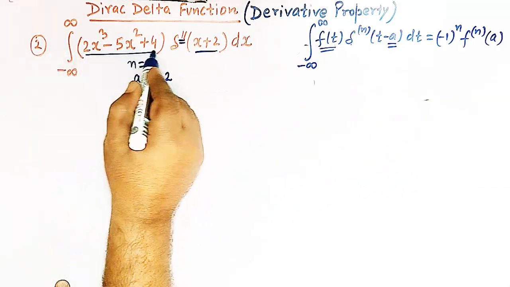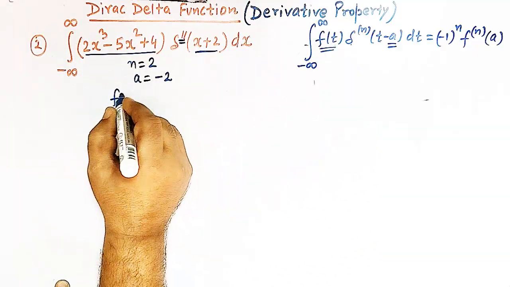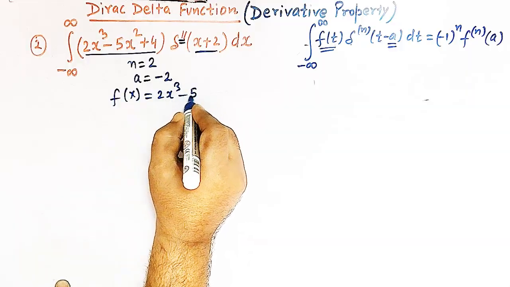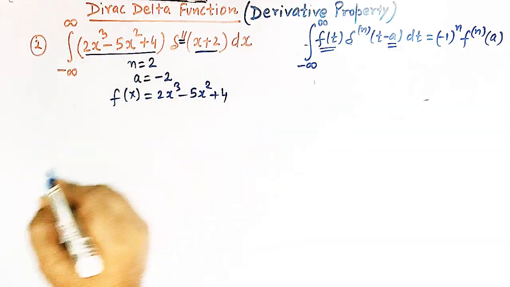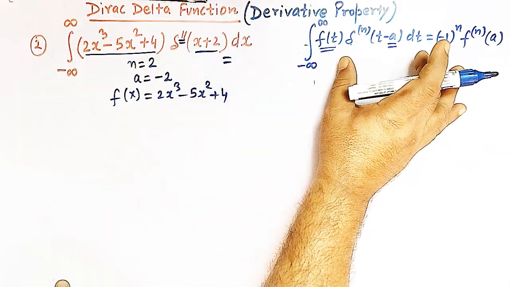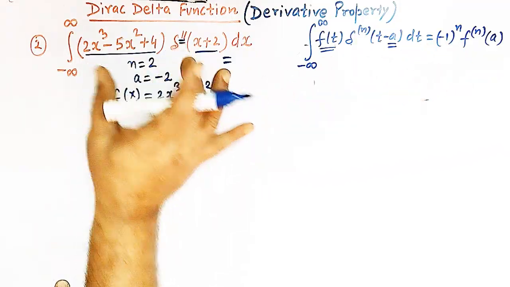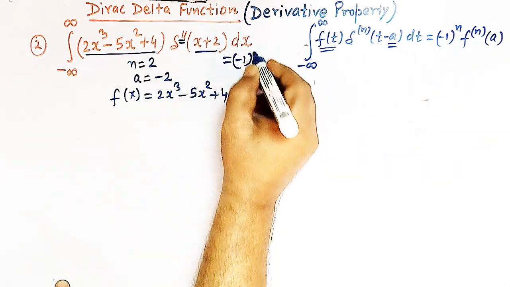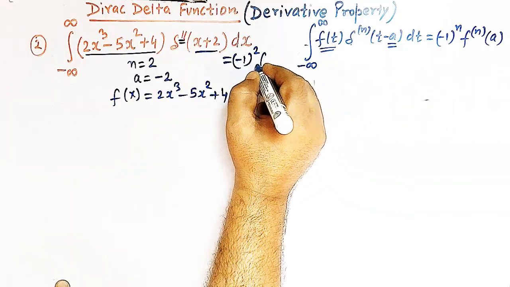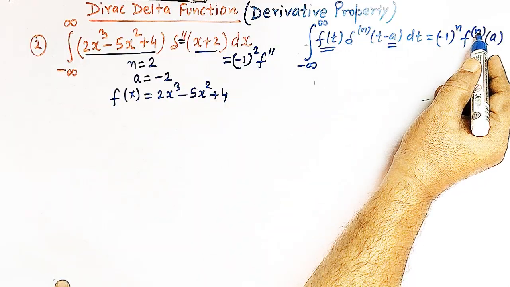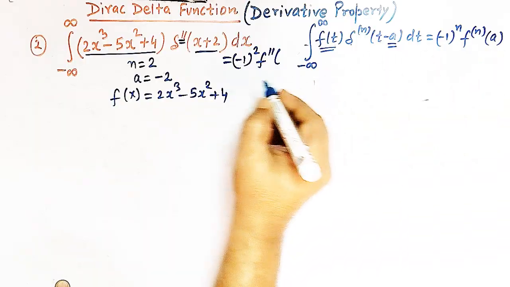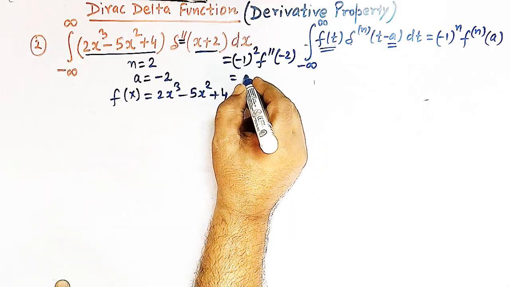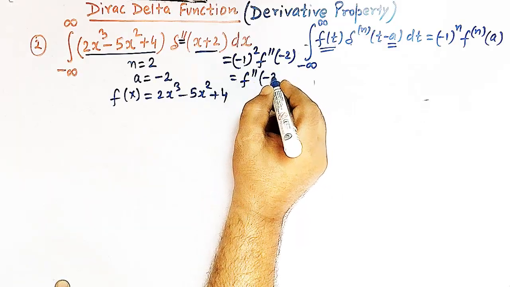Our function, that is f of t, in this case is f of x, so we have 2x cube minus 5x square plus 4. Now according to this property, the value of this integral should be given by minus 1 raised to n, where n is 2, and we have f double prime, with the value of a equal to minus 2. Minus 1 squared is positive 1. So we have simply f double prime of minus 2.